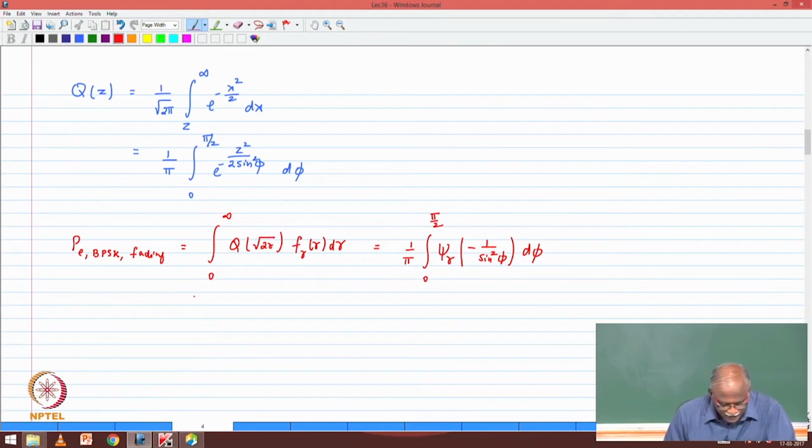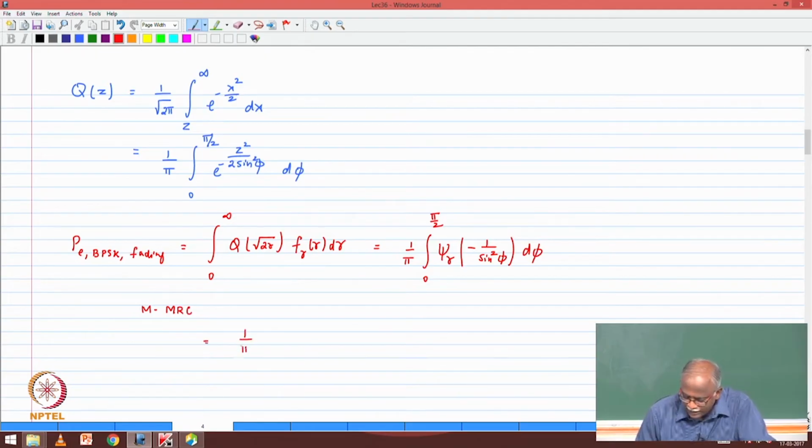Okay. And as a special case, we said for M branch MRC combining, this particular expression would be 1 by pi, integral 0 through pi by 2, 1 divided by 1 plus gamma by sine squared phi, raised to the power m, d phi.